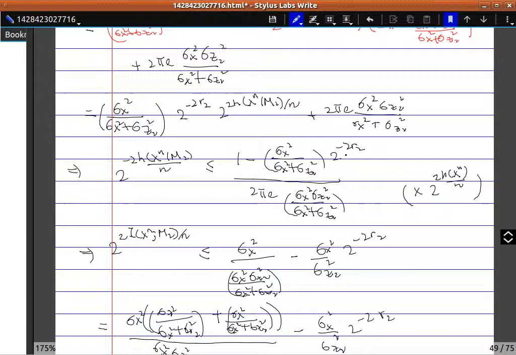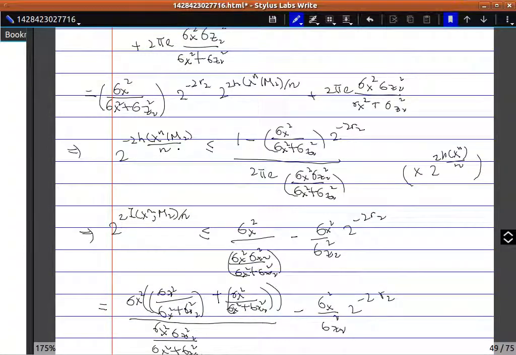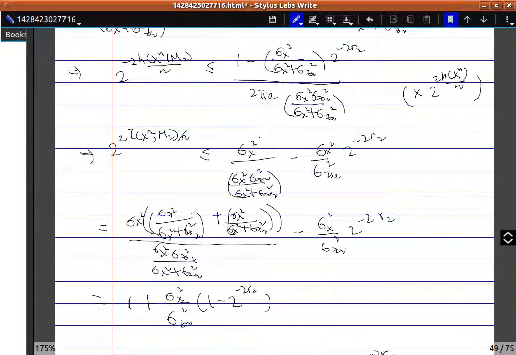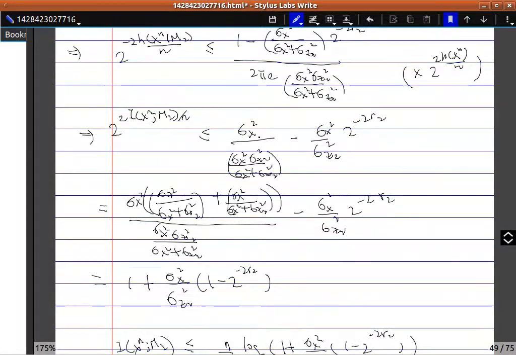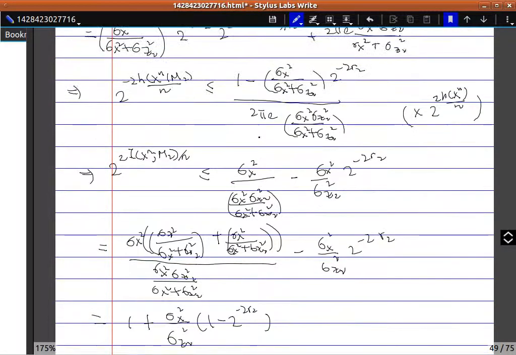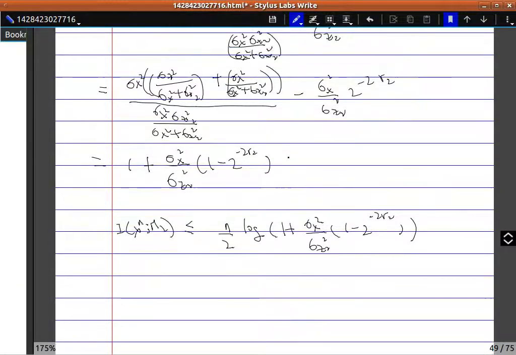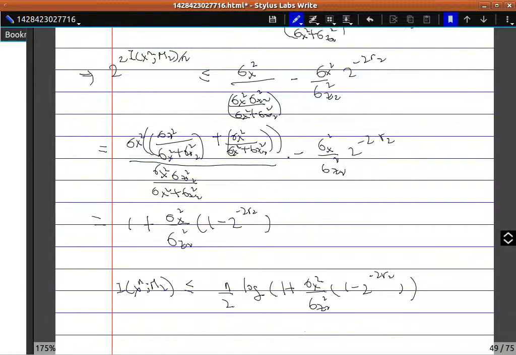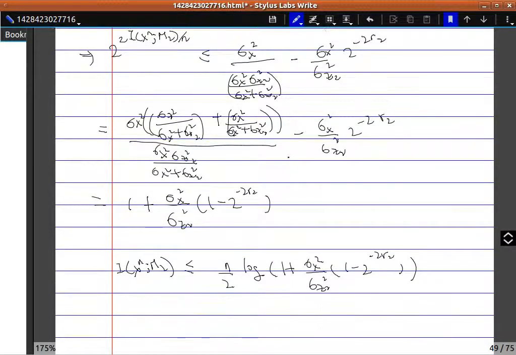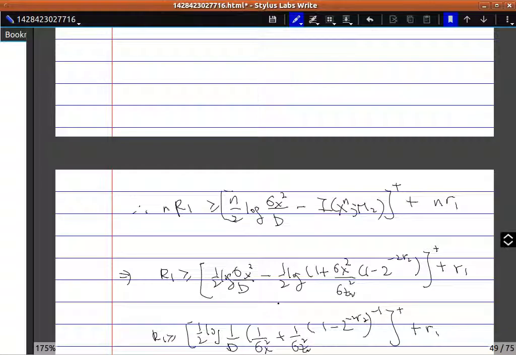And then after some algebra, we get this. Then we rearrange the terms. So these are all just algebra. Eventually we get this. So therefore we can rearrange and get I(X; M2) is less than or equal to this guy here.